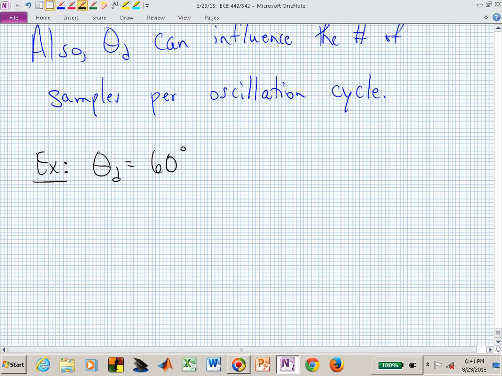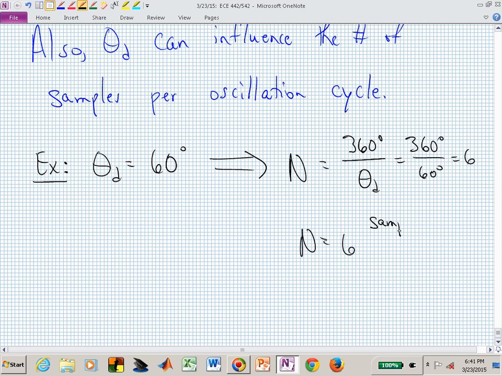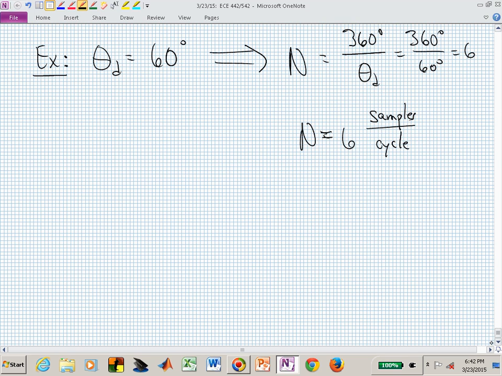Suppose somebody gives you a theta sub d of 60 degrees. Then that actually tells you the number of samples per oscillation cycle, which I'm denoting as N right now. That's now 360 degrees divided by theta sub d, or we now have 6 samples per cycle of oscillation.